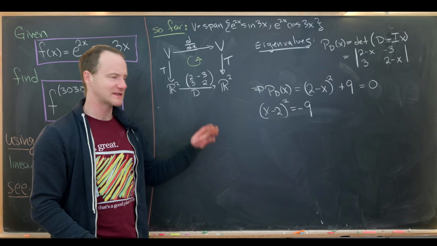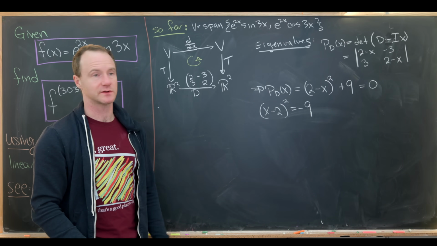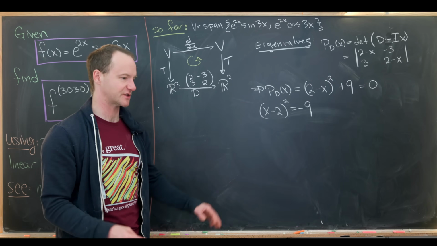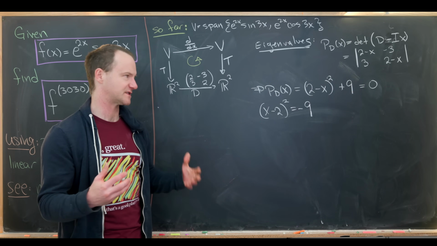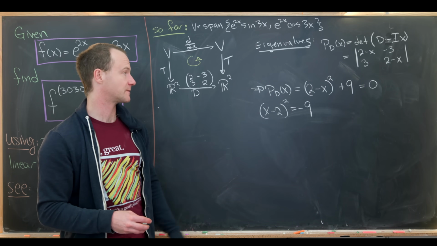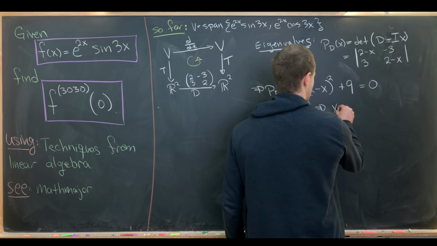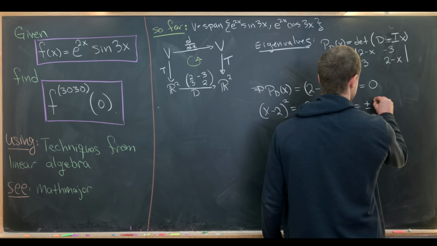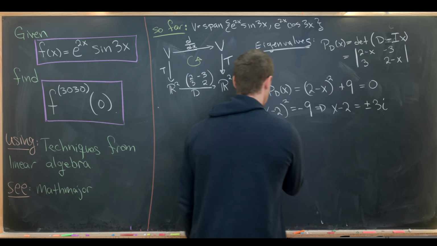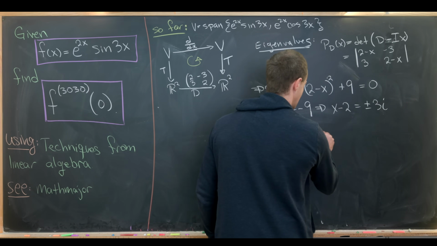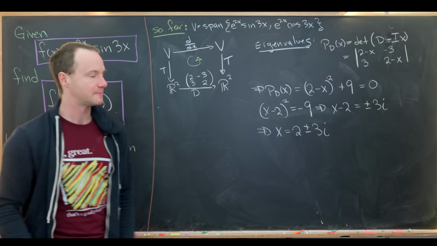You might say, well, we're about to take a square root and get complex numbers, but this was a real vector space. But we can expand it to a complex vector space just for the purpose of this diagonalization procedure. Okay, so that gives us x minus 2 equals plus or minus 3i, which tells us that x equals 2 plus or minus 3i.